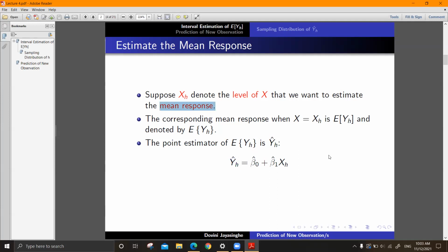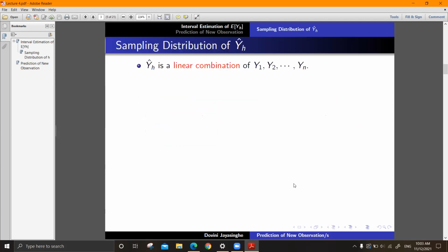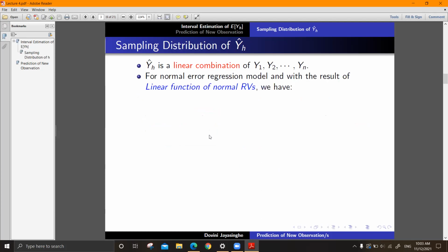In interpretations, you have to mention the mean response, right? This is the mean response given the beta naught, beta 1, and the expected level of X. This is also a combination of all the Yi's, the new estimated value.